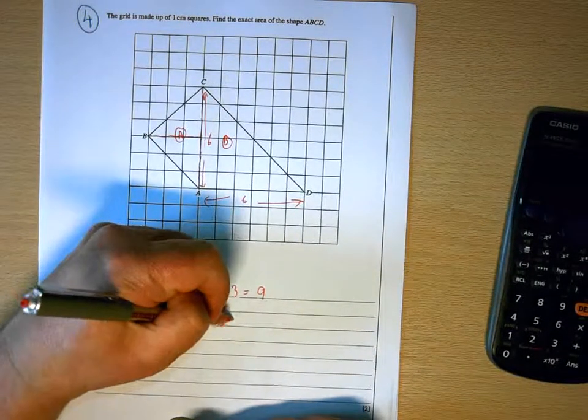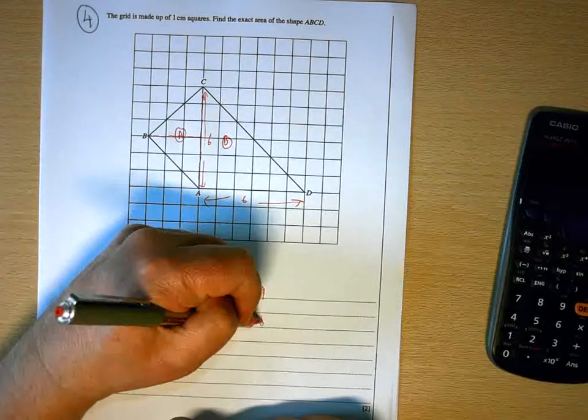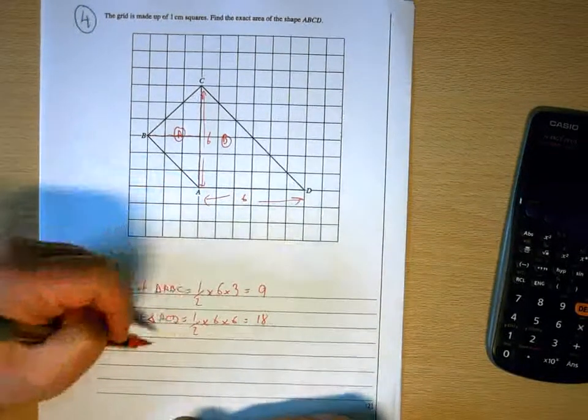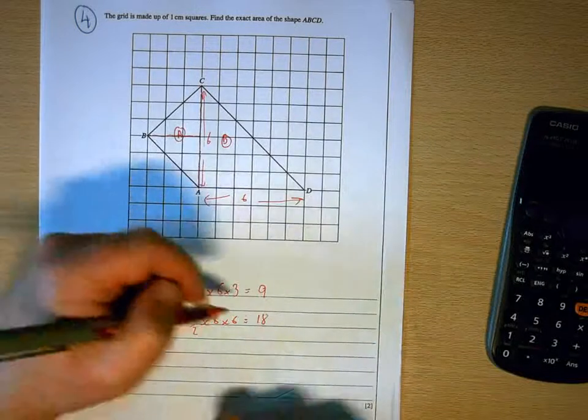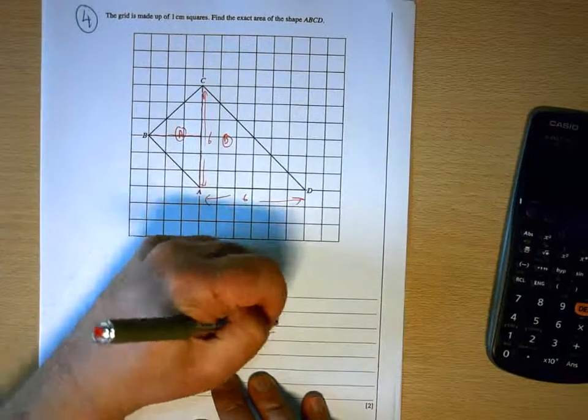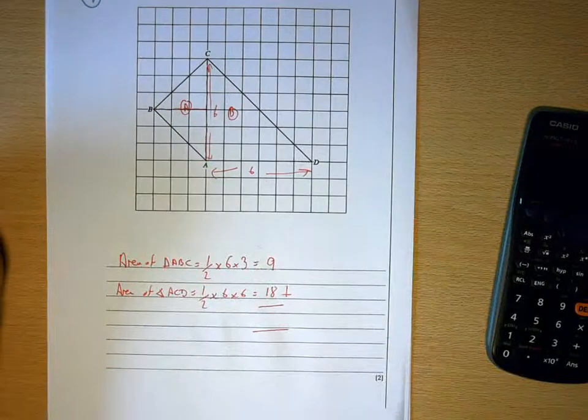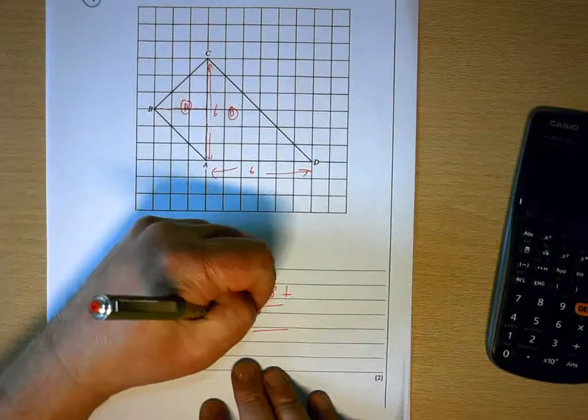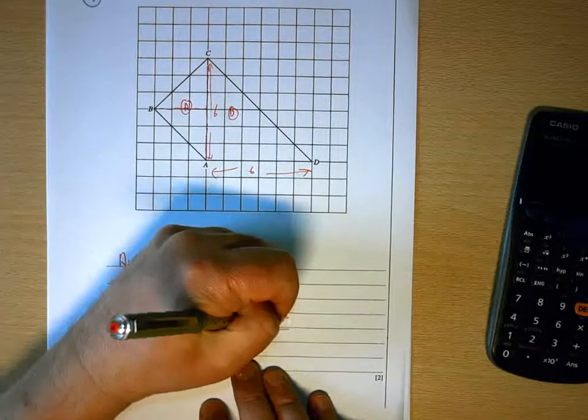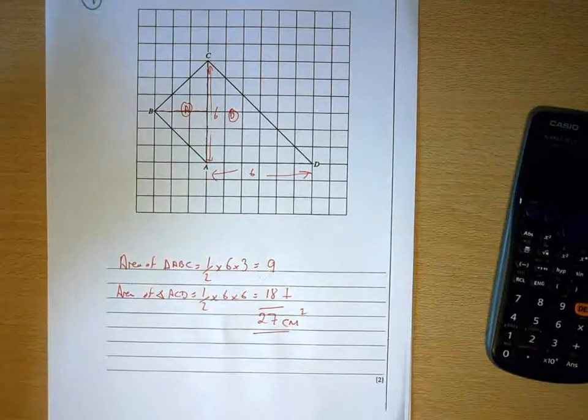So it'll be half of 6 times 6. 6 6s are 36, half of 36 is 18. So the exact area of that shape we would get by adding 18 and 9 together, which is 27, and the units again centimeters squared.